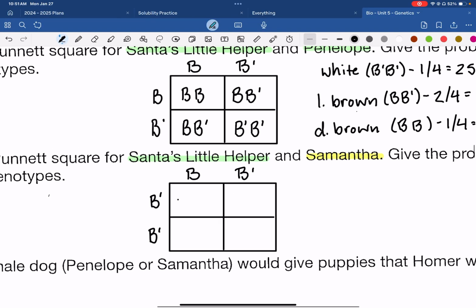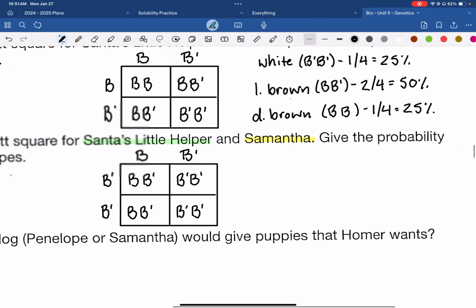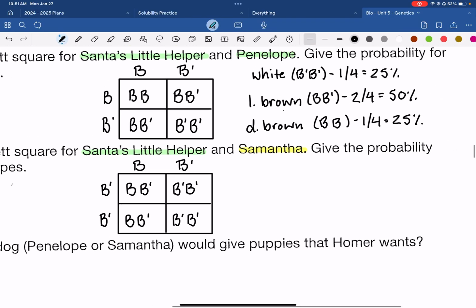Let's do her cross. B, B prime, B, B prime, B prime, B prime, B prime, B prime. Hopefully I did that right, and it looks like I did.